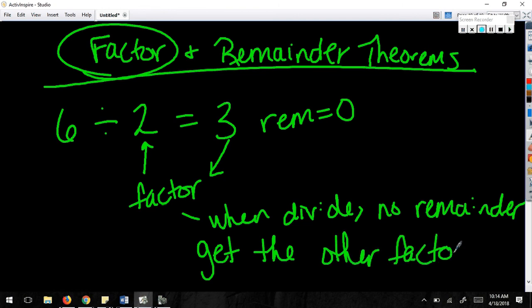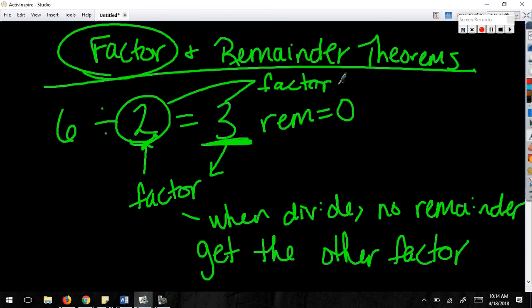I promise I'm going somewhere with this. In other words, if I divide by the factor 2, it gives me another factor of 6. Is 3 a factor? Sure. Is 2 a factor? Factor means it goes in evenly, right? So both of these are factors.